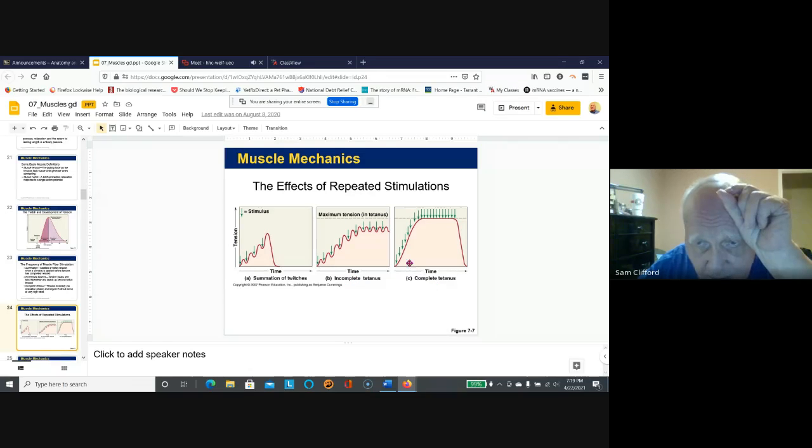Complete tetanus is when the stimulation causes the muscle fibers in a muscle to completely contract, and you have maximum force generated. So incomplete tetanus is when you have partial contraction and relaxation, and complete tetanus is when the frequency of stimulation is close enough that there's no relaxation, only generation of force or tension.